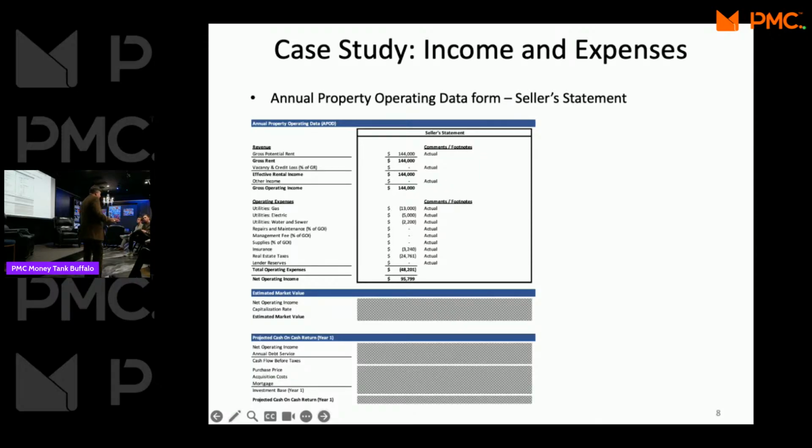So I highly recommend a textbook. It's called Practical Apartment Management, and it was written originally by Ed Kelly. He was the godfather of multifamily property management. It's put out by the Institute of Real Estate Management, IREM, and it's a great source to learn how to manage property.